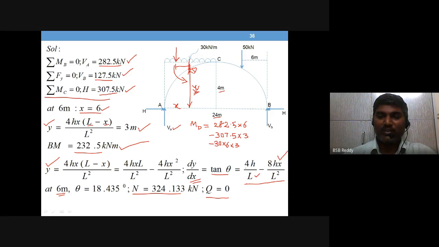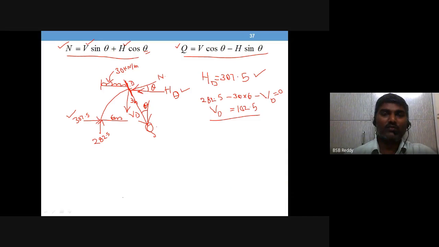Then theta is tan inverse of this value that you get as a number. So that theta is 18.435 degree. So that theta you have to substitute into this equation.